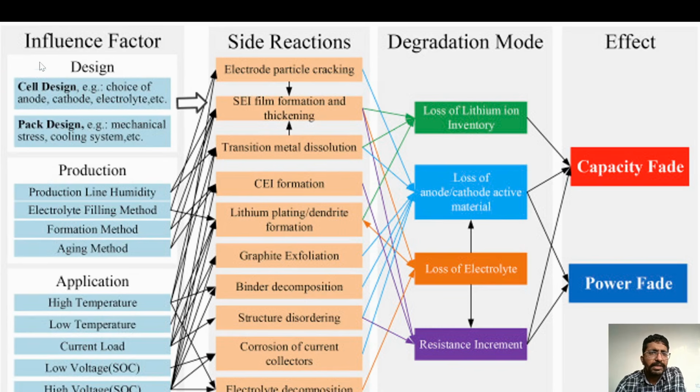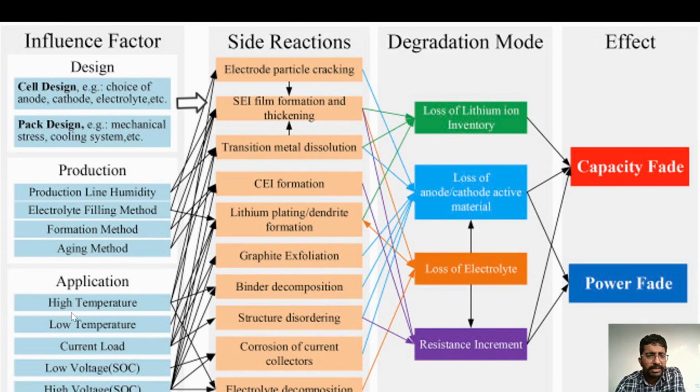Now, what are the different influencing factors that can make the state of health estimation wrong? Okay, or the things that need to be accounted for are design parameters, like cell design, choice of anode and cathode electrolytes, then pack design, mechanical stress, cooling systems, all these things. Then production. In production, what are the factors that we need to consider, like production line humidity, electrolyte filling methods, formation methods, then aging methods.